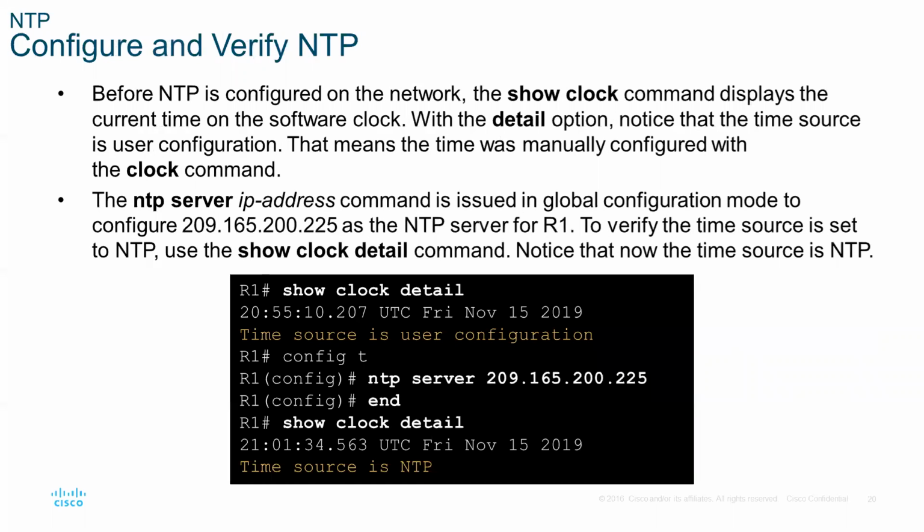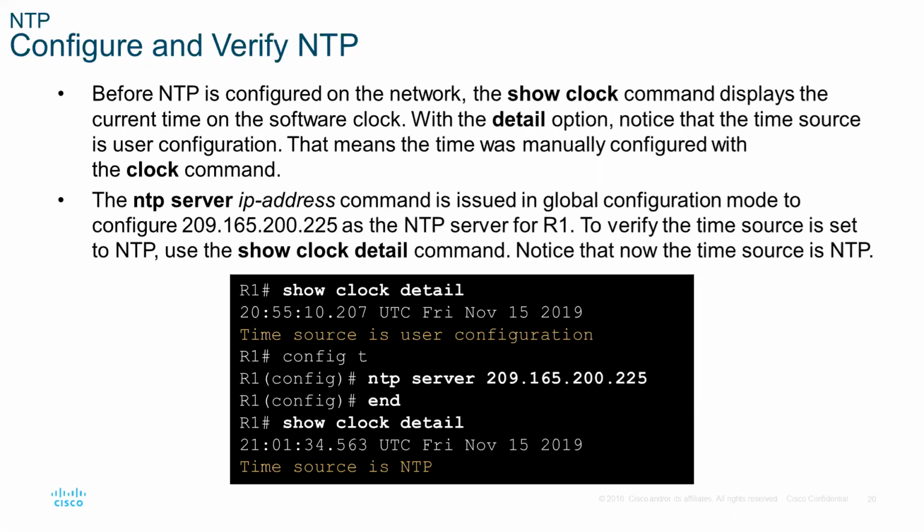To view your clock setting, you can use the show clock command from privileged mode, and this will give you the time and date. UTC is the universal time zone. You can manually set time zones if you so desire.